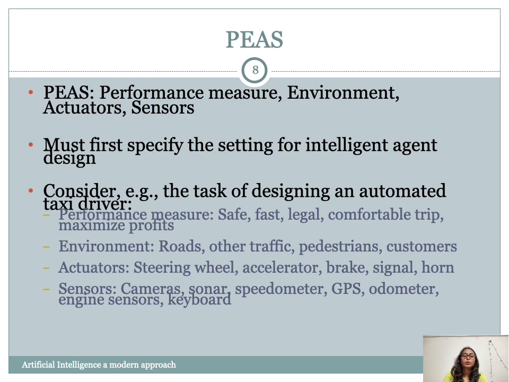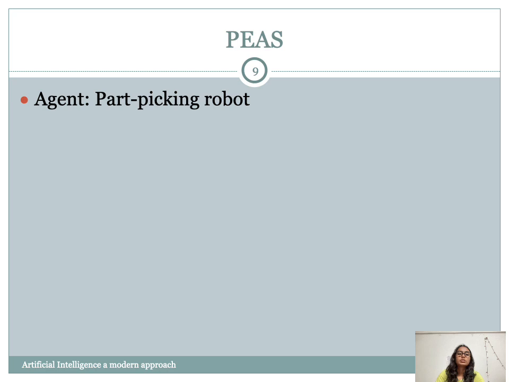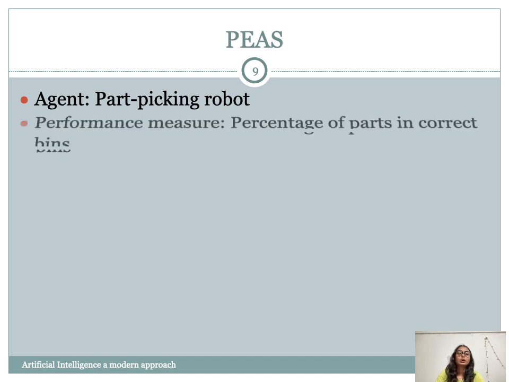Environment will be road, other traffic, pedestrians, customers. Actuators will be steering wheel, accelerator, brake, signal, horn, and the sensors will be cameras, sonar, speedometer, GPS, odometer, engine sensors, and keyboard.